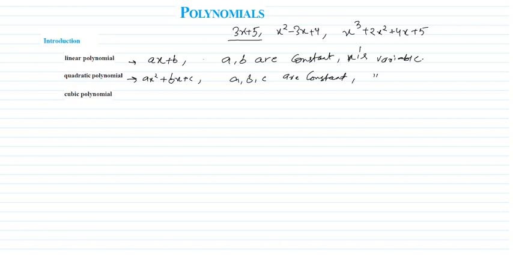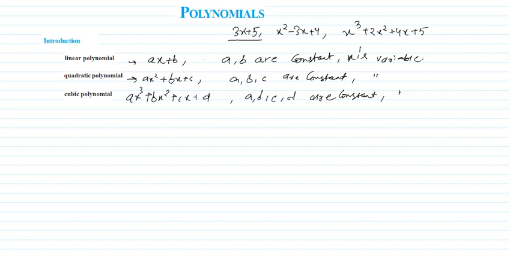While in case of a cubic polynomial, the standard equation is ax cube plus bx square plus cx plus d. Again, a, b, c, d are constants here and x is a variable. So these are the three types of polynomial that we will discuss in this chapter.